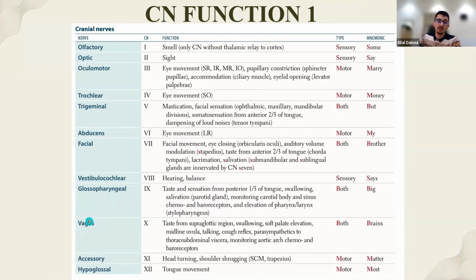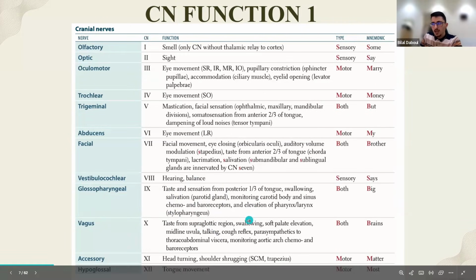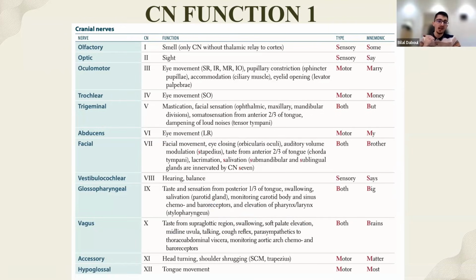Now for the vagus. Vagus is Latin for wandering because it's a very extensive nerve. It's responsible for approximately 75% of parasympathetic supply in the whole body. Imagine. Now, in terms of vagus, the most important function would be swallowing and soft palate elevation. So the vagus nerve is motor to the muscles of the pharynx, the larynx, and the soft palate.